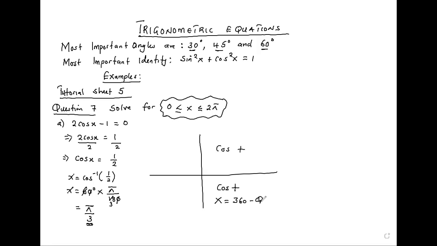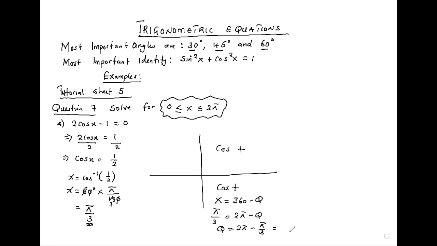Now what we have is x. So we have pi over 3 is equal to 360, which is 2 pi, minus theta. We want to find theta, the angle that lies in the fourth quadrant. So we switch, and theta is equal to 2 pi minus pi over 3.